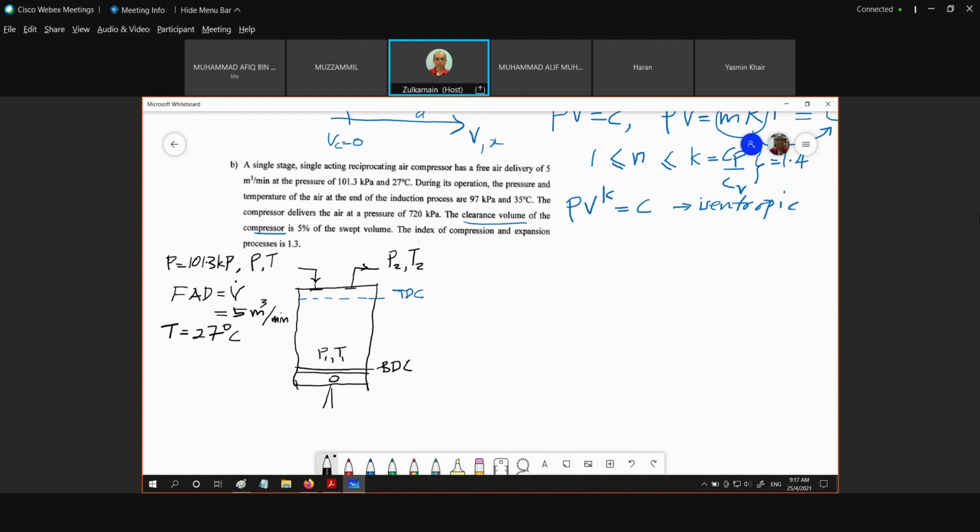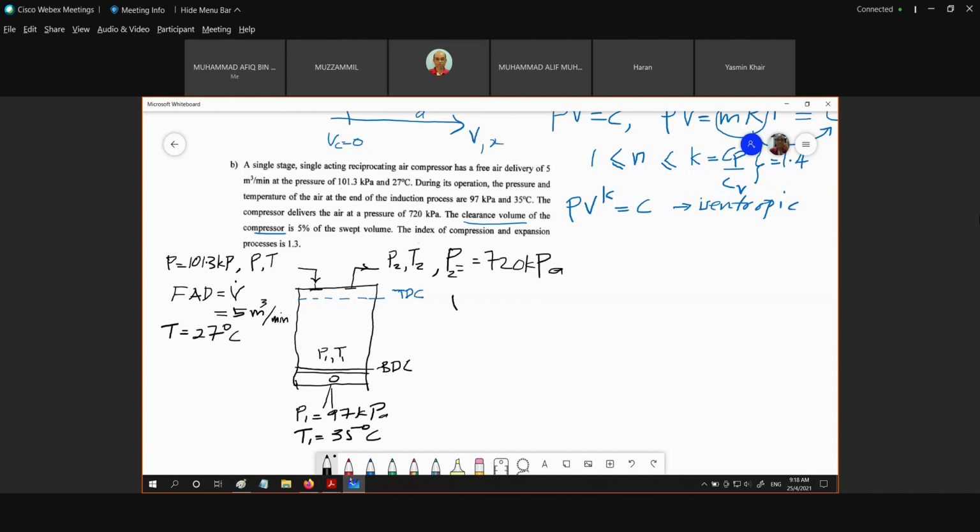And it gives here our P1 equal to 97 kPa and T1 as 35 degrees C. So now our ambient condition is not the same as the induction condition. And the delivery that we want is 720. So P2 is equal to the delivery pressure, 720 kPa.